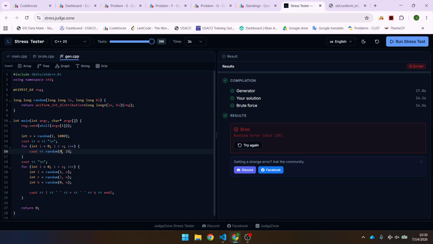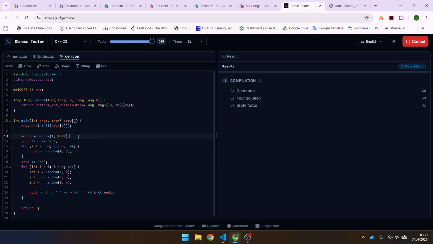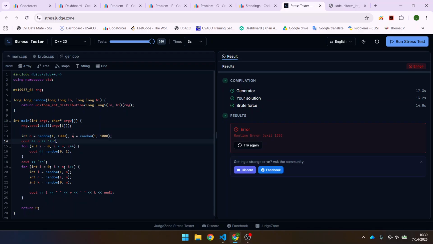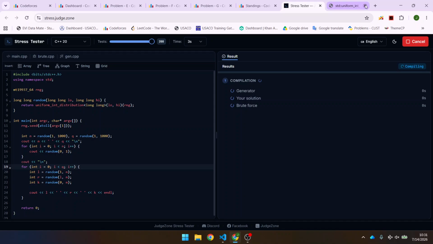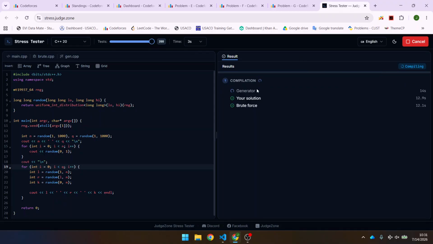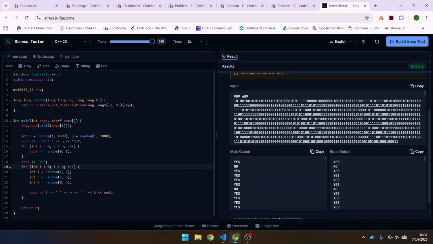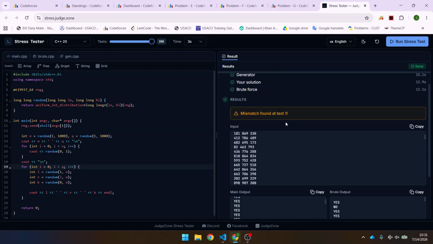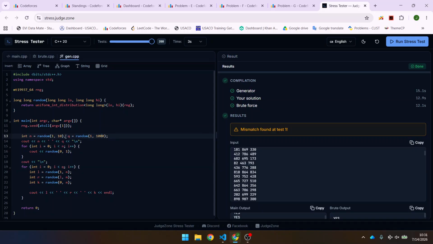So 0 to n. Right, having random n. Oh, having n and q. Changes to a 10, so it looks better.